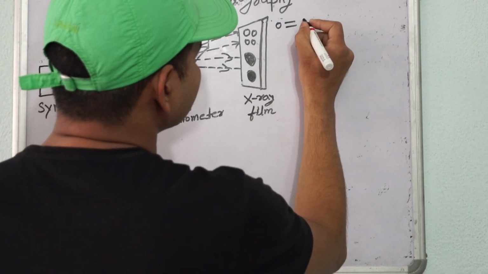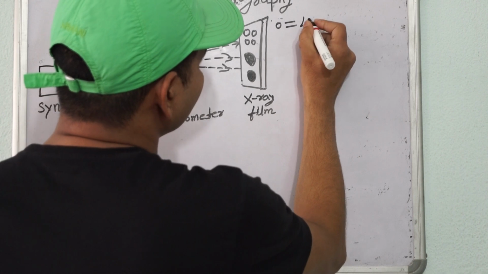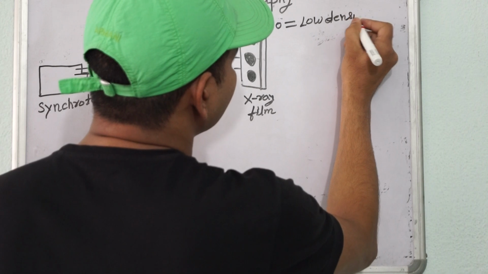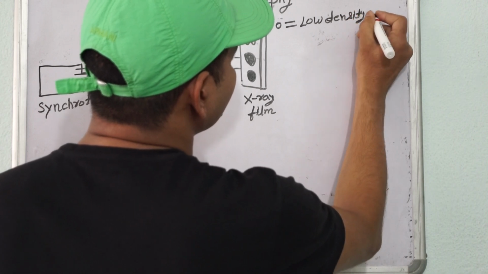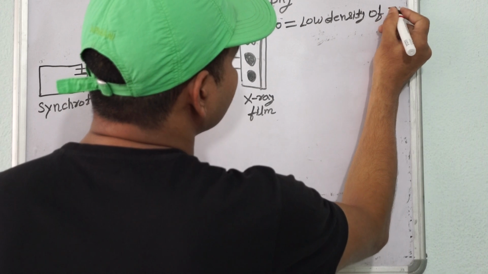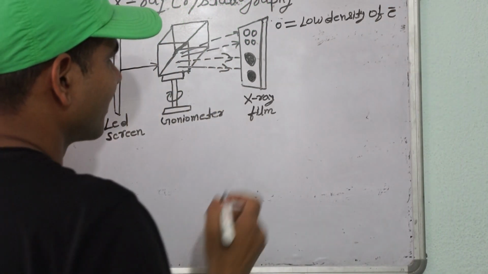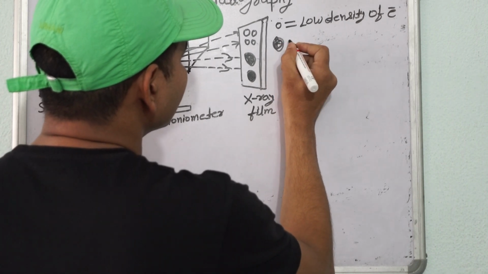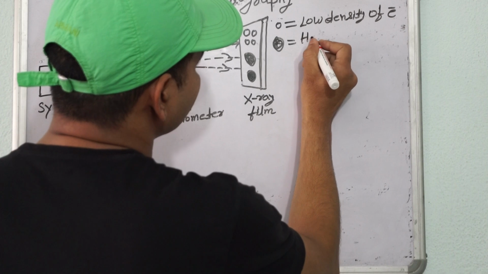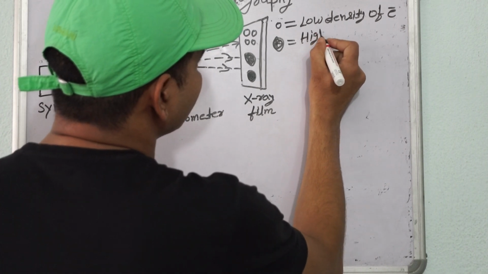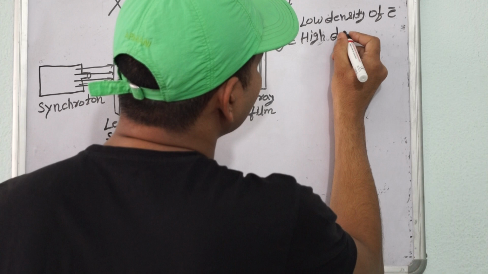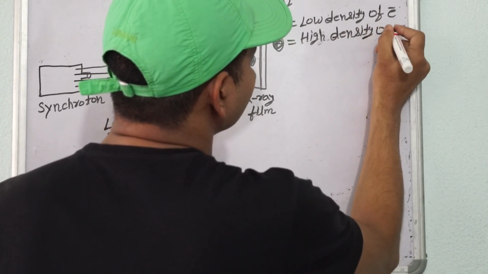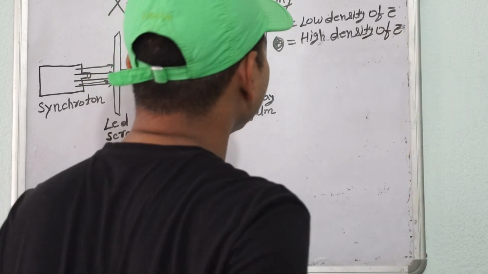A small, light spot indicates low density of electrons, and a dark and large spot indicates high density of electrons.